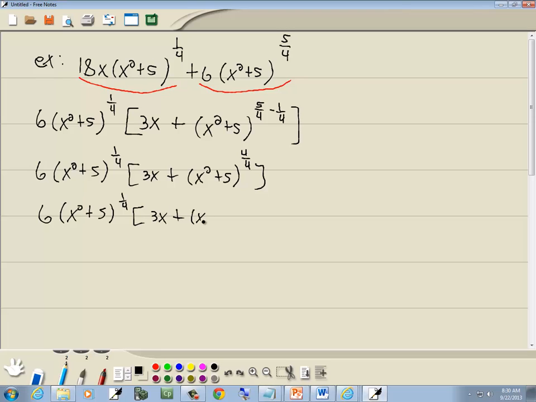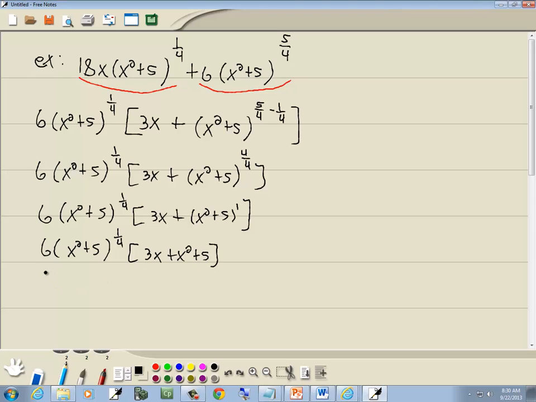So that's like (x squared plus 5) to the first power. And then we got (x squared plus 5) to the 1/4. 3x, the first power doesn't do anything, so just drop it.